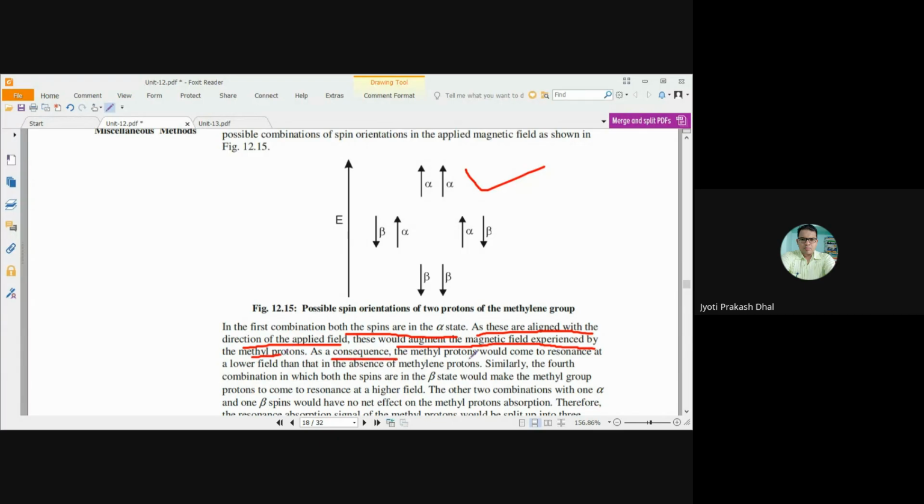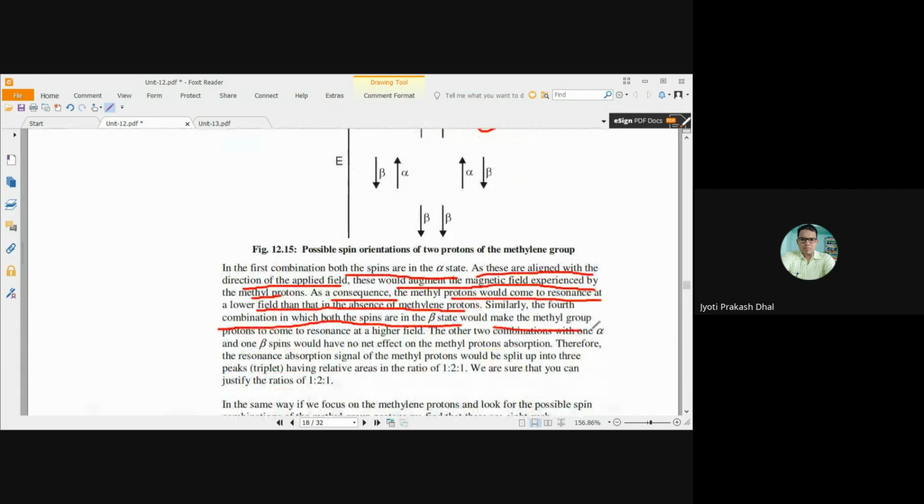As a consequence, the methyl protons will come to resonance at a lower field than in the absence of the methylene protons. Similarly, in the fourth combination, both the spins are in beta state, which makes the CH3 group protons come to resonance at a higher field. And the two other combinations, one alpha and one beta, have no net effect on the methyl protons' absorption.